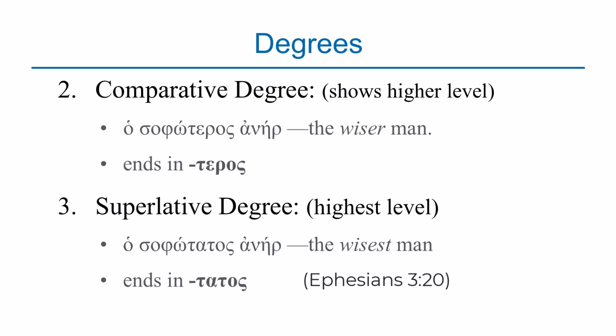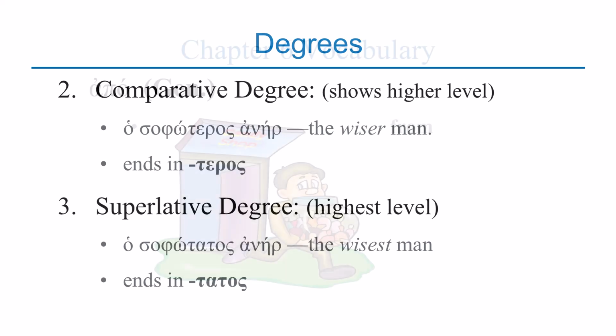So Paul is saying our God that we serve is limitless because he puts the adjective in the superlative. This is just some of the insights that will come with understanding Greek and how adjectives work. So it's very important for you to understand how adjectives work and their degrees of comparison.